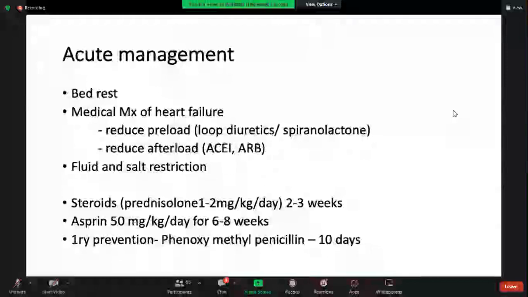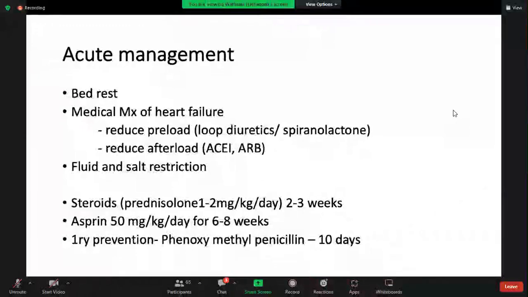So if you straight away start aspirin first, it is a problem. So always give steroids, and after a few weeks, start aspirin. And what else you need to do? You have to do the primary prevention as well. So you have to start oral penicillin. So that is basically your acute management.